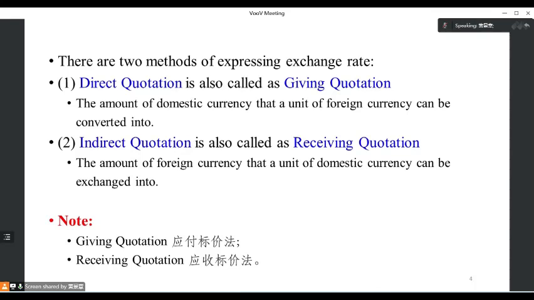We can understand this indirect quotation with a method of measuring it. For example, 1 unit of domestic currency can be exchanged into how many units of foreign currency.